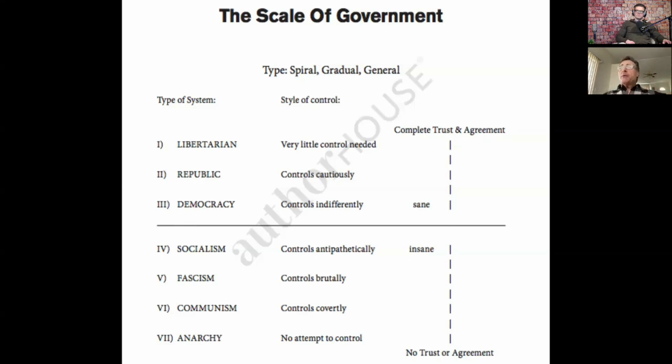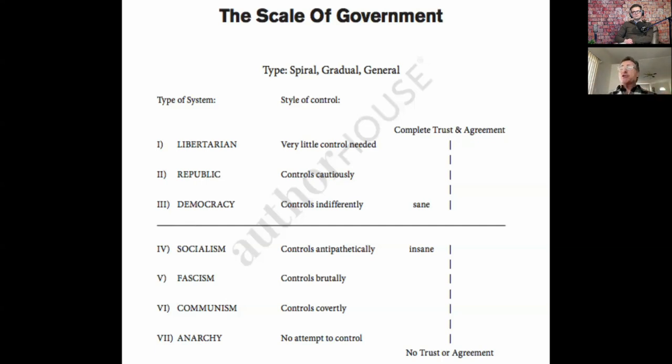Now, what are we measuring with this scale? This is important because I said it's not left or right, it's up or down. So if it's up or down, what is this up or down? What is the yardstick here? So above level 1, you have complete trust and agreement, which is unattainable in human society. But you can get very, very close, potentially.